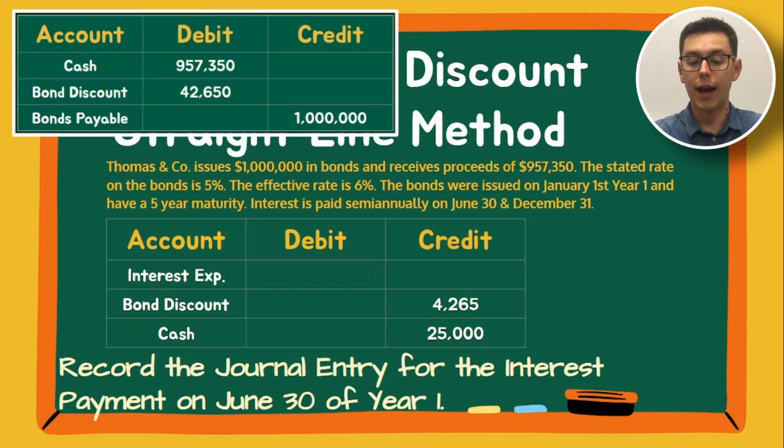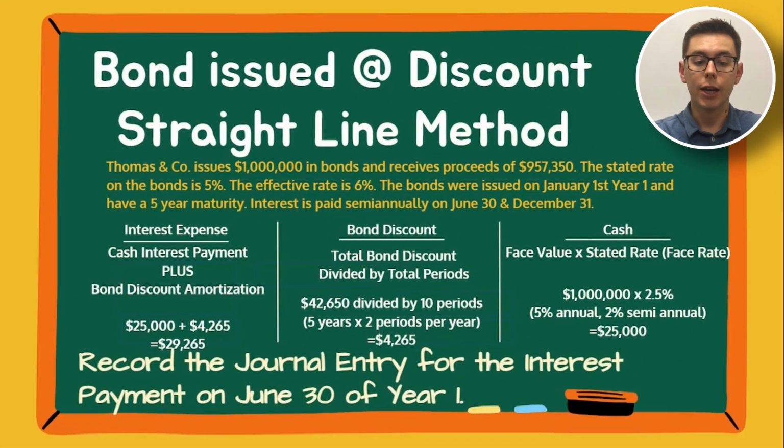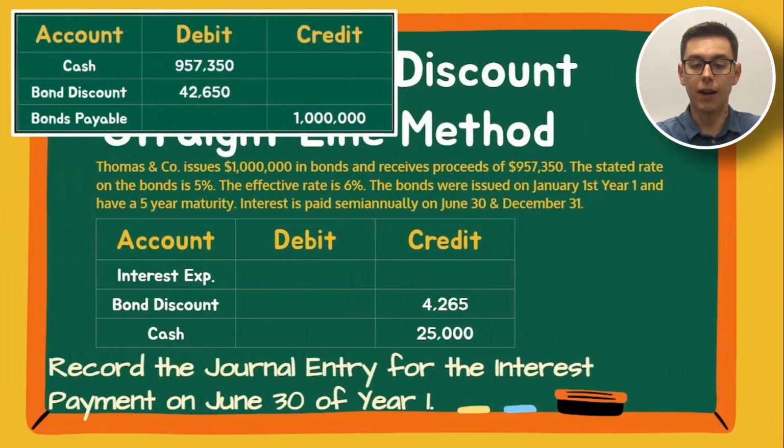So we know that if we add up the credits, interest expense will be that amount, but let's see how that's calculated. Interest expense here is calculated as cash interest payment plus the bond discount amortization. $25,000 cash payment plus the $4,265 that we calculated earlier for $29,265.